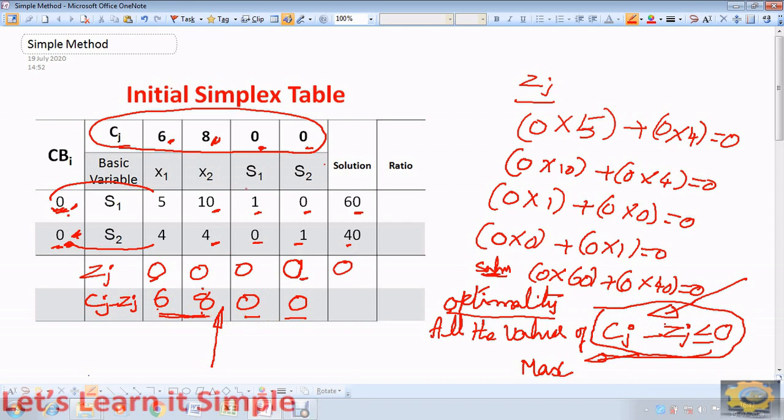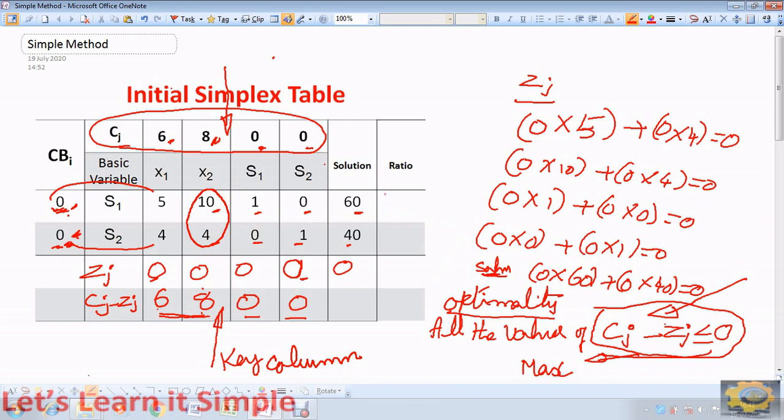So this corresponds to the x2 column. This is called the key column. Now in the key column, we have the elements 10 for the first constraint and 4 for the second constraint.